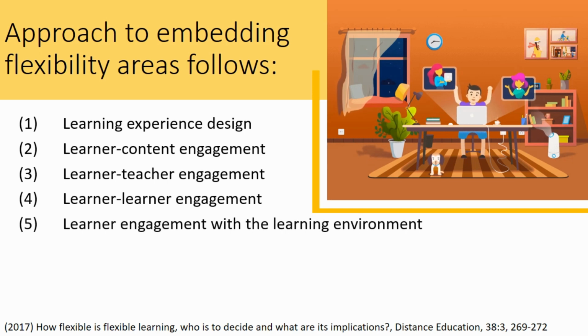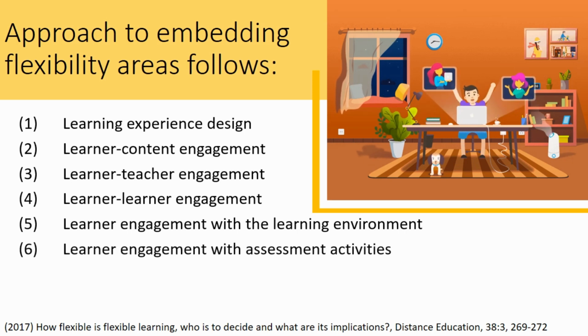Fifth is the learner engagement with the learning environment. This is about adaptable access, interaction, and engagement with the learning environment, such as with mobile devices, Wi-Fi access, and innovative use of study pace. Sixth is the learner engagement with assessment activities.